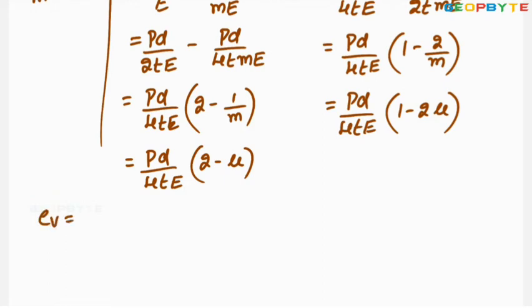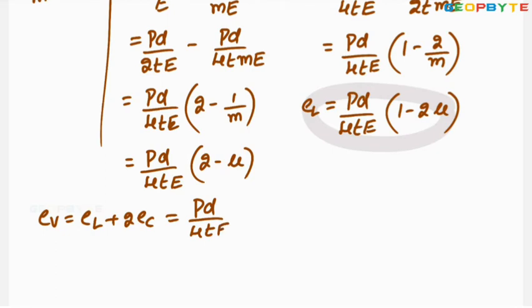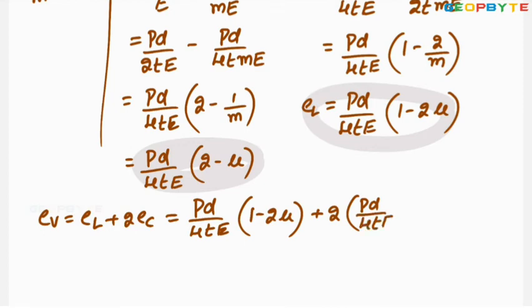Therefore, volumetric strain equal to epsilon L plus 2 epsilon C. Epsilon L, the longitudinal strain, is PD by 4TE into 1 minus 2 mu, plus twice the circumferential strain. Circumferential strain is PD by 4TE into 2 minus mu.